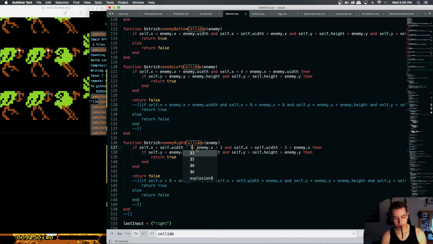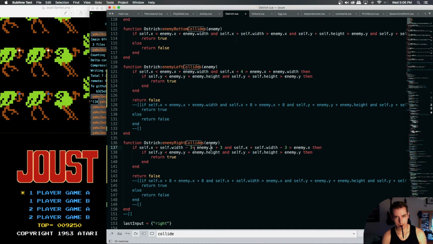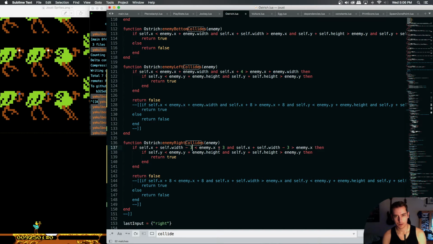Our leftmost side, which is this, because we're trying to detect the bounding box, the leftmost side of our bounding box would have to be smaller than the rightmost side of the enemy, which is this. Ugh, this is wrong.